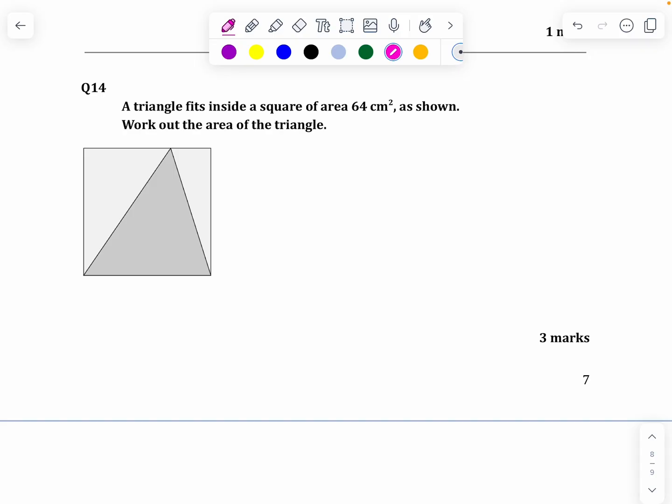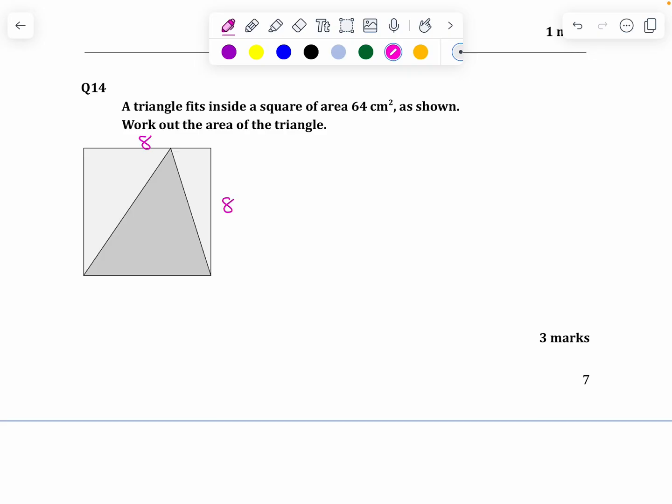Last 2 questions. A triangle fits inside a square of area 64 centimetres squared. Remember that a square, you're looking for 2 numbers that multiply by itself to make 64 because the lengths have to be equal. And the only one is 8, so 8 times 8 is 64.